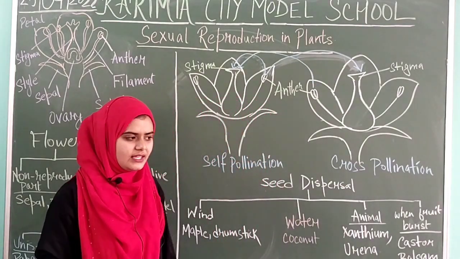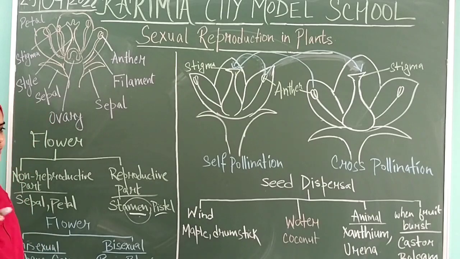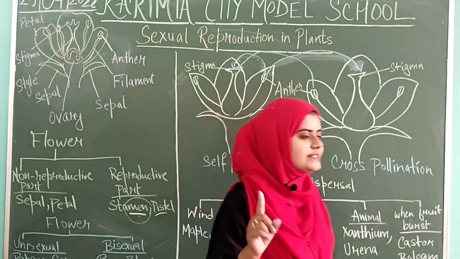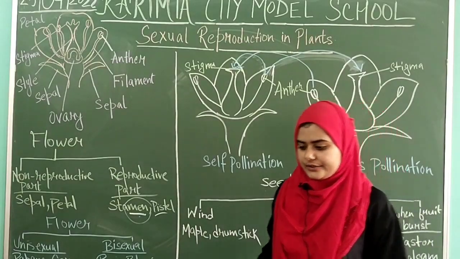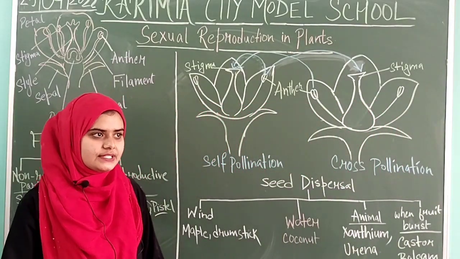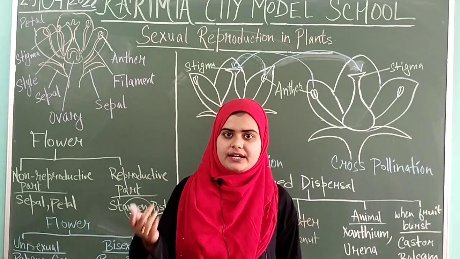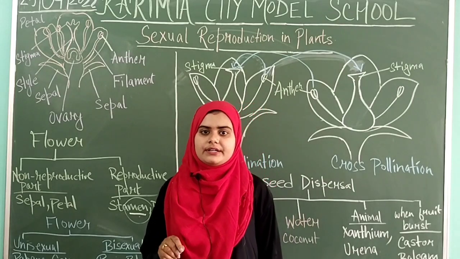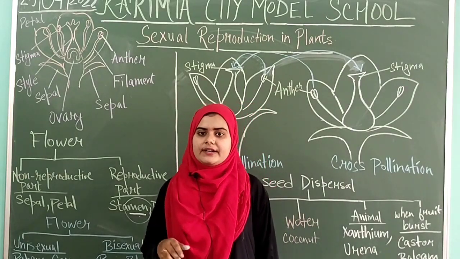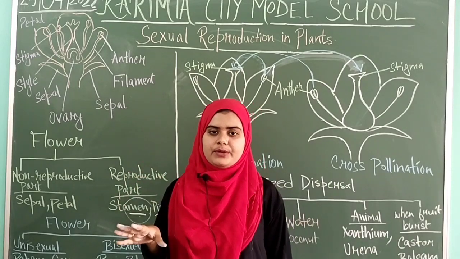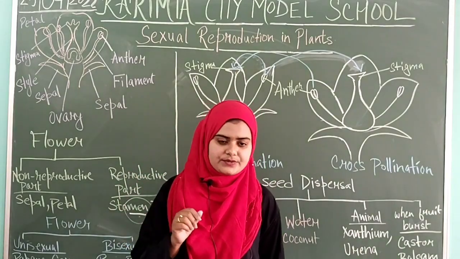Now there are two types of flower. The first type is unisexual and the other kind is bisexual. What is unisexual? If a plant is either male or female, we call it unisexual, and the one which contains both male and female, we call it bisexual.